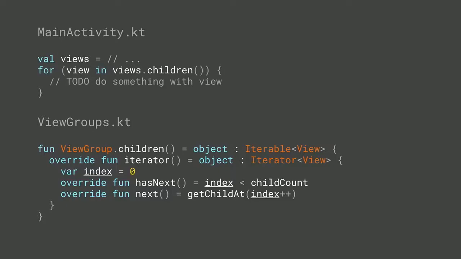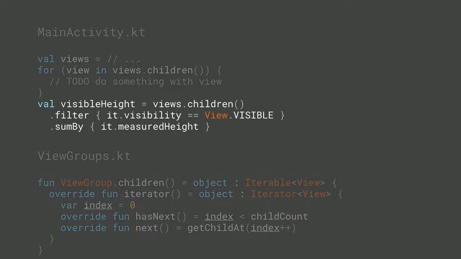And so now we get access to using the traditional for each loop. And if we want, we can use those higher order extension functions that exist on Iterable. So here I'm collecting the height of all the visible views, very declarative. And these, if they're inline functions, you lose the overhead as well.